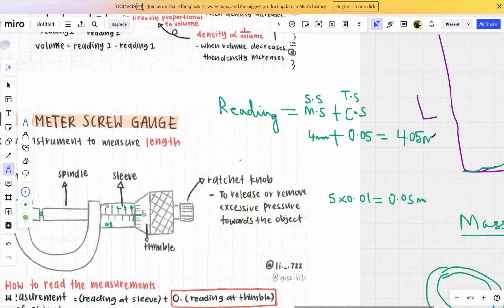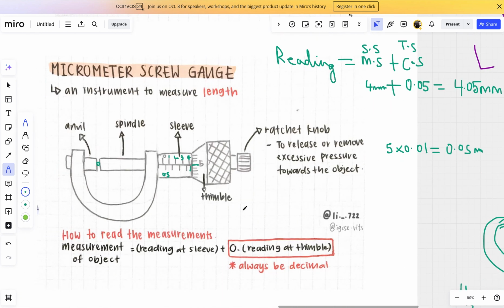So this is how to read a micrometer screw gauge. Similarly, it is done with the vernier caliper. The vernier caliper also has two scales, the main scale reading and the vernier scale reading. After you put the object you are measuring, the main scale reading is the reading before the zero mark on the vernier. You write down the main value you have on the main scale before you get to the zero mark.